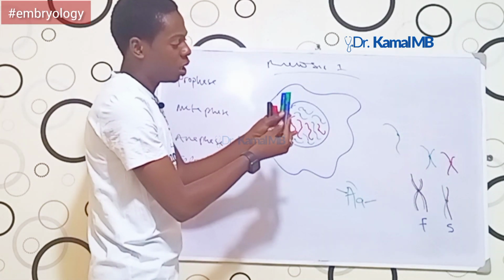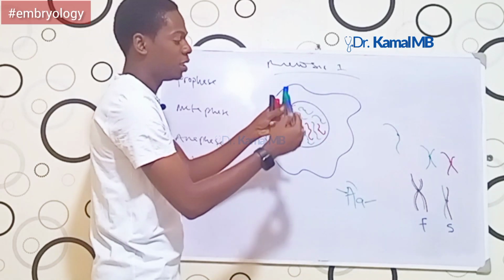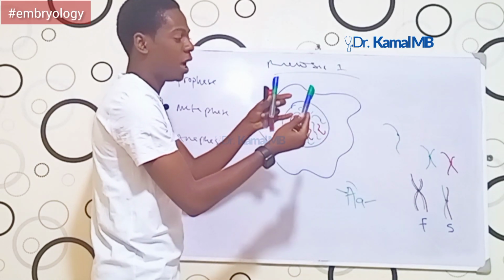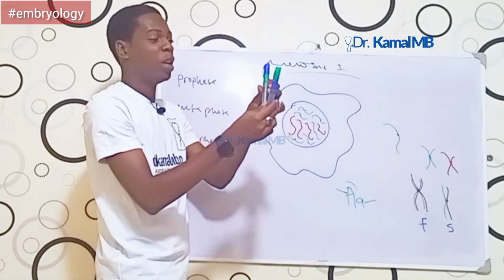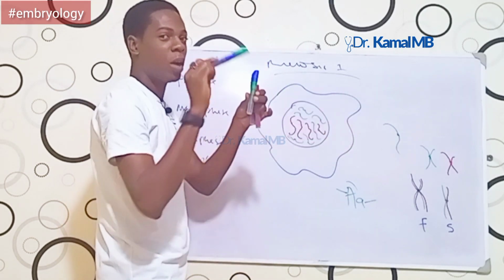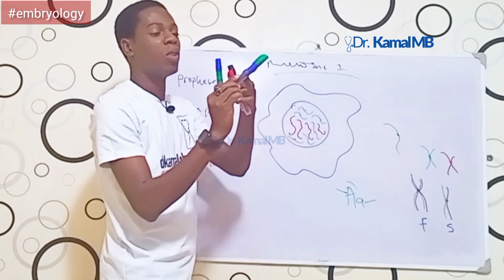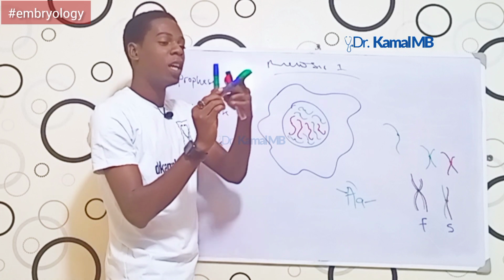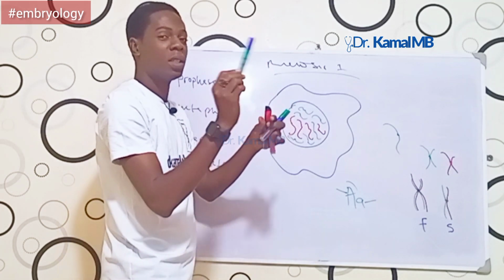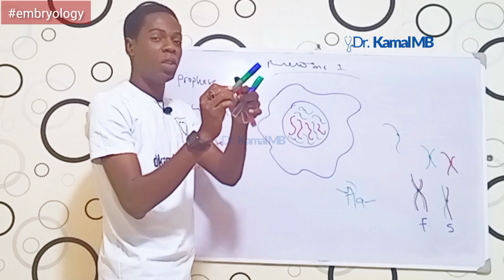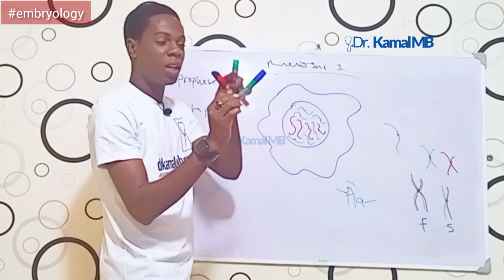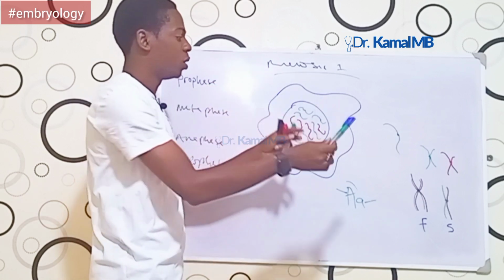So this means when they get separated, this green marker will have blue cap and this blue marker will have red cap. So if it is this sperm that goes and penetrates, definitely it will go with some information from the mother and some information from the father. If this is the sperm that got the chance to penetrate, it will get some information from the father and some information from the mother. So this is how they do.